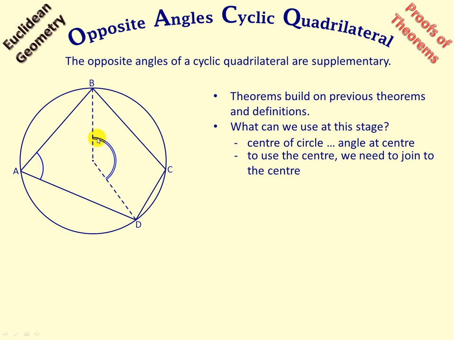That means that this angle subtended by this arc is twice that angle subtended by the same arc, and that angle subtended by this arc is twice this angle subtended by the same arc. That's 360 degrees. And remember, twice this and twice that means that those add up to 180 degrees.